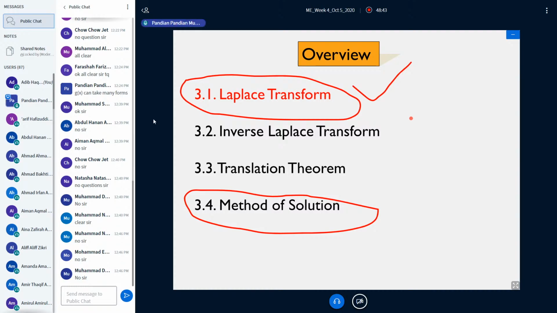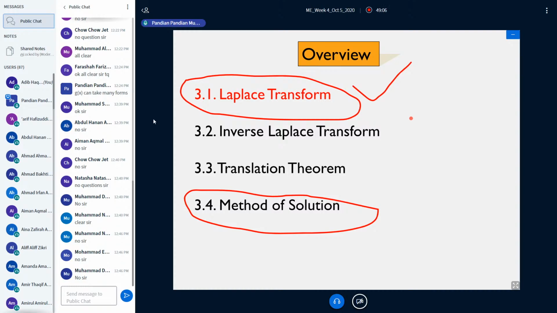I'm not sure whether you studied this before or not, but if you haven't, you have to pay very serious attention, because this is one of the best methods to solve linear ordinary differential equations.